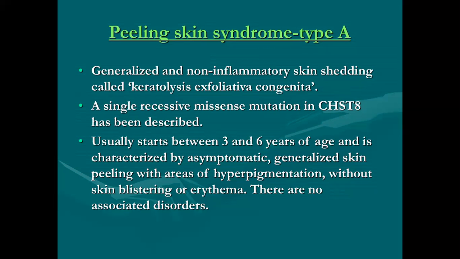It usually starts between the ages of 3 and 6 and is characterized by generalized skin peeling with areas of hyperpigmentation without skin blistering and erythema, and there is no other associated disorder. So it is just characterized by skin peeling that starts between 3 to 6 years of age.